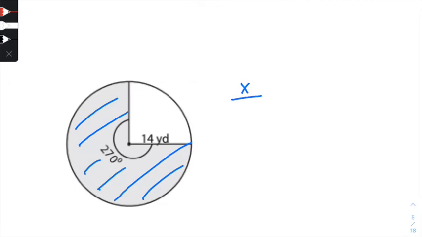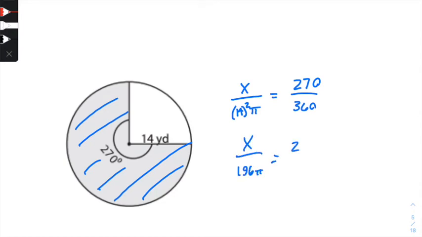It's x over 14 squared times pi this time, and then equals 270 over 360. 14 squared, I think it's 190. Yep, 196 pi, and then 270 over 360 degrees.